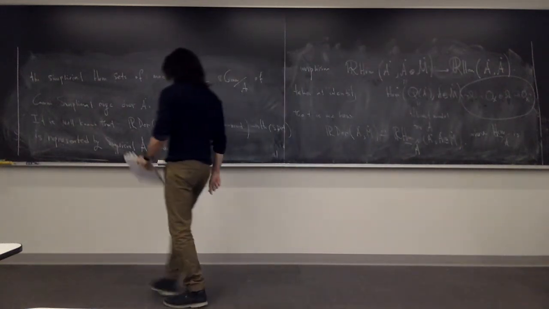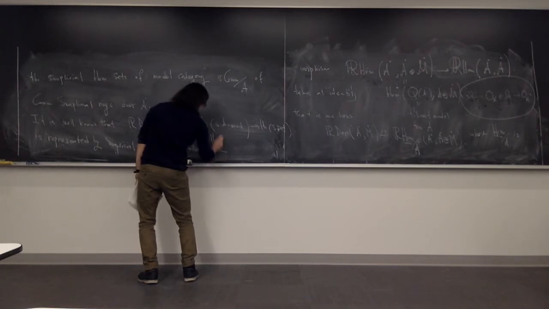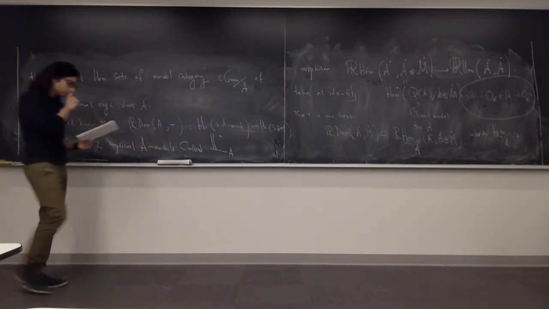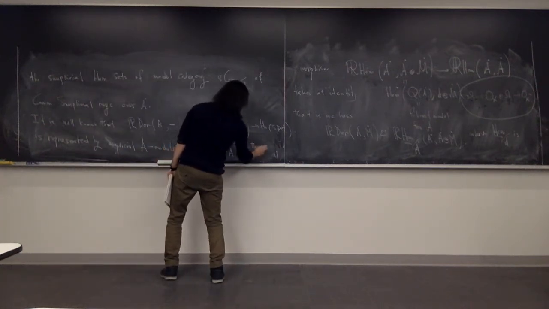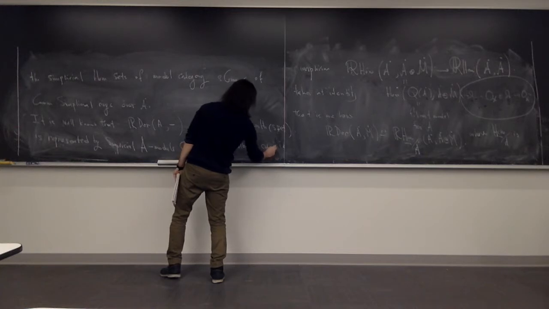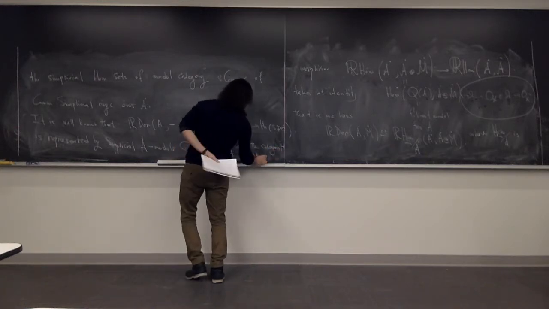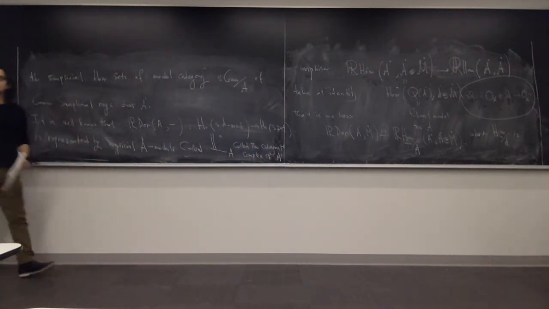So this one is the A module called L dot of A, called the cotangent complex of this simplicial ring A dot.